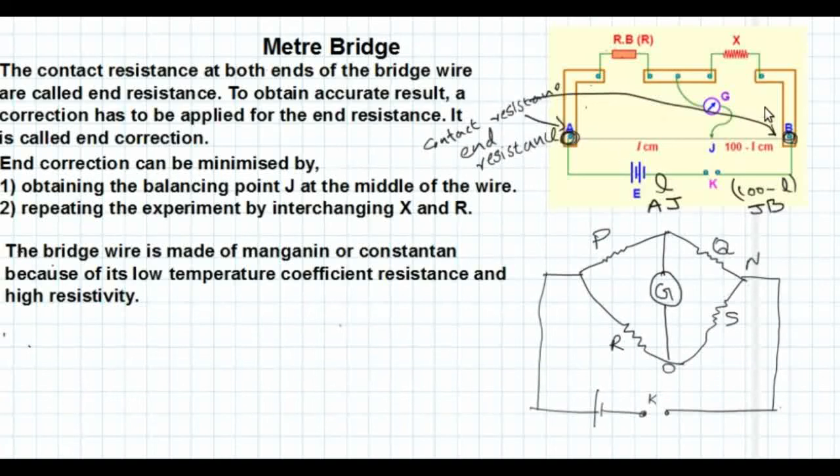While we perform the experiment for a long time, there is a chance of heating up of this wire, which will vary the resistance. But if we perform the experiment using this wire made of manganese or constantan, there will not be any appreciable change in the resistance, and that is why we are using manganese or constantan. So because of the low temperature coefficient of resistance and high resistivity, we are using constantan or manganese for the meter bridge wire.